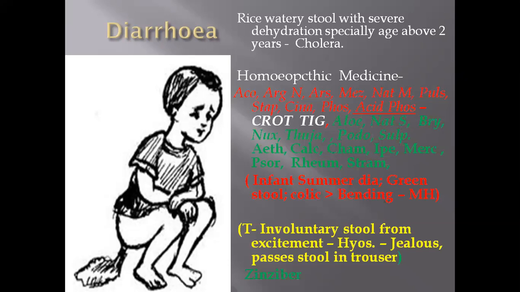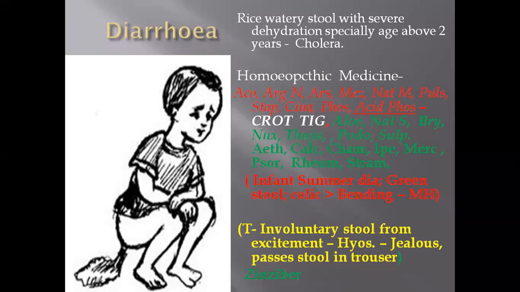But it has been described by perhaps Kent or Tyler that a mother came to your clinic and the mother is commenting that the baby since morning has passed stool 18 to 20 times with large quantity. It is the complaint of the mother.